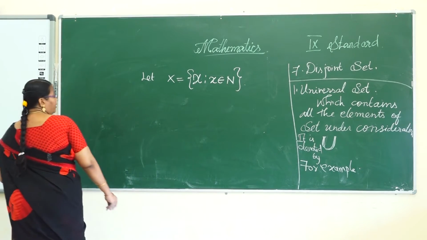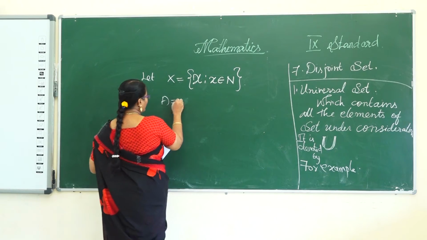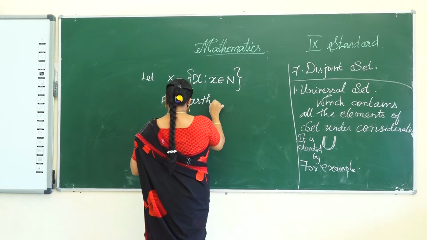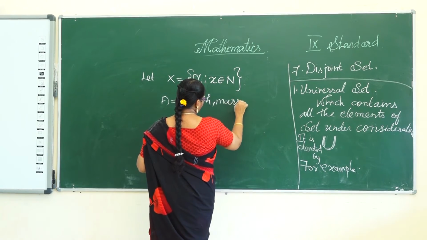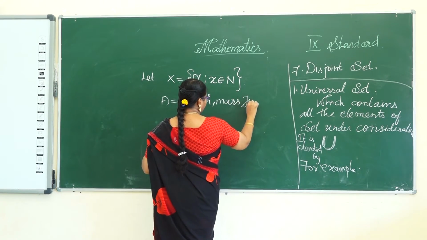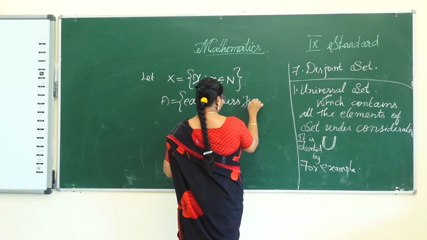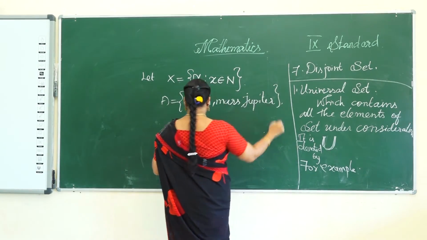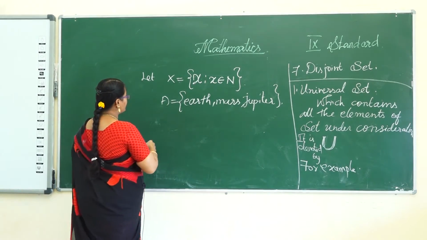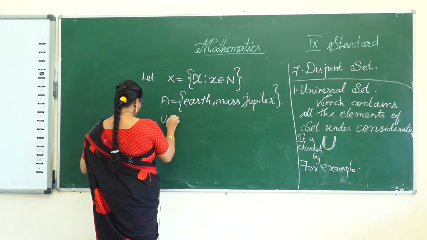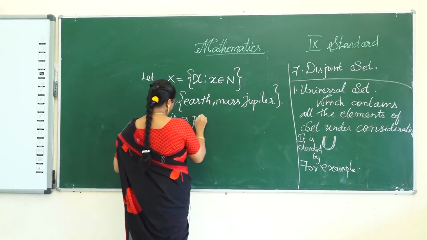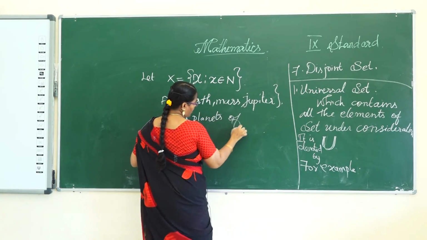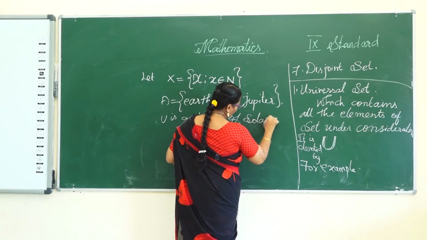Another example: if A is equal to Earth, Mars, Jupiter, then the universal set U is the planets of the solar system.